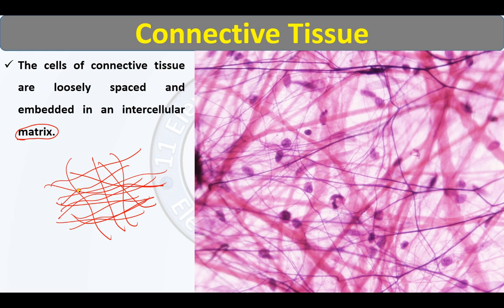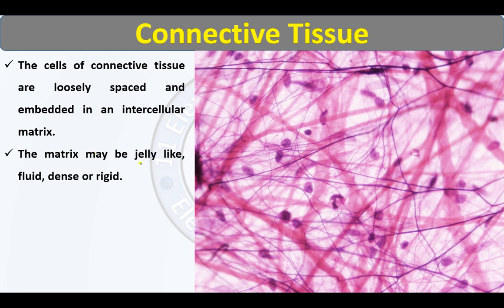Suppose there is a cell over here, then there is a cell over here, then a cell over here, and a cell over here. Now you can see the distance between these cells is more. So I can say that the cells are loosely spaced and they are embedded in an intercellular matrix like this. Fine, I hope this is clear to you.